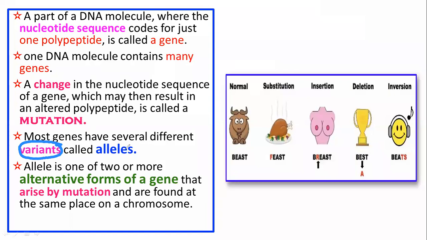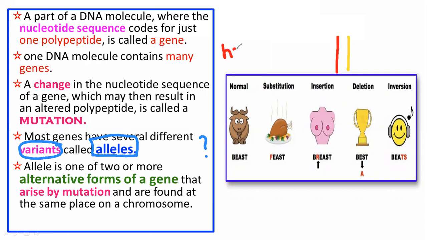So most genes have several different variants, which are called alleles. What is an allele? Do you remember? In O levels we used to say that if you have one form of a gene, then the alternative form of the gene is called its allele. Do you remember how many types we can have?